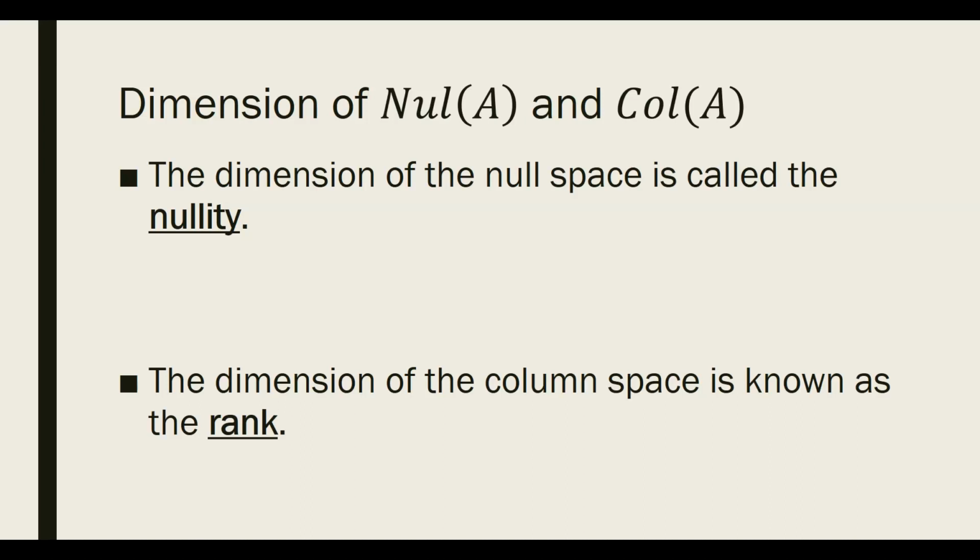We're going to give these special names. The dimension of the null space we call the nullity, and the dimension of the column space we call the rank. These are universal terms. When I say we, I mean the community of mathematicians. We all call the null space dimension the nullity, and the dimension of the column space is the rank.